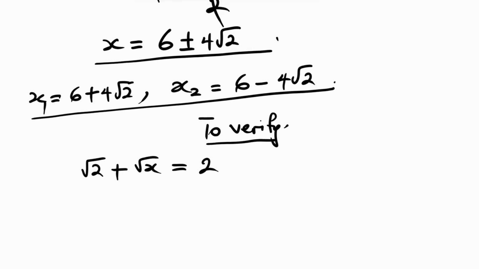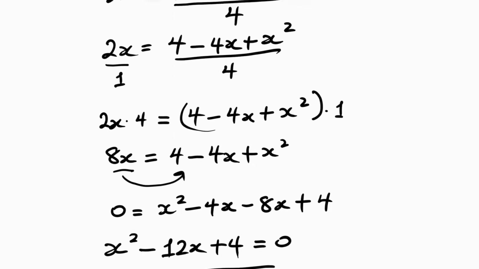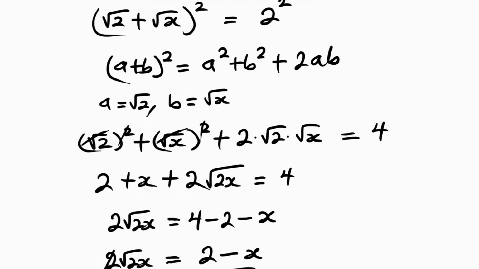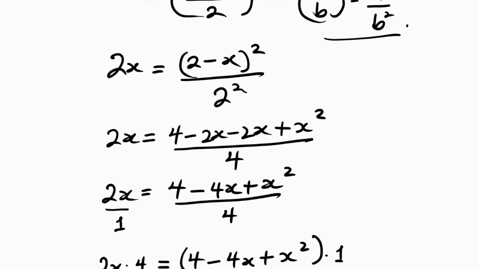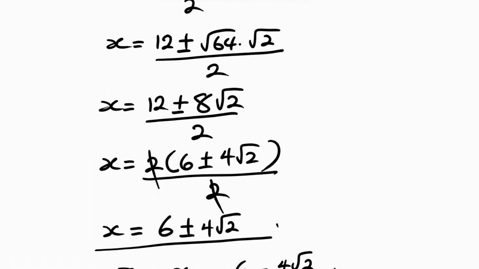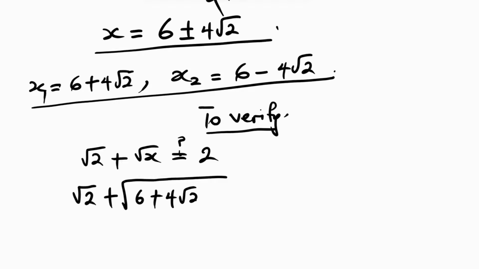So now we're trying to see if root 2 plus root of the value of x will be equal to 2. Let's see if we're going to arrive at 2 as our final answer. So here we have root 2 plus the square root of our x, which is 6 plus 4 root 2. We're trying to see if that's going to be equal to 2.